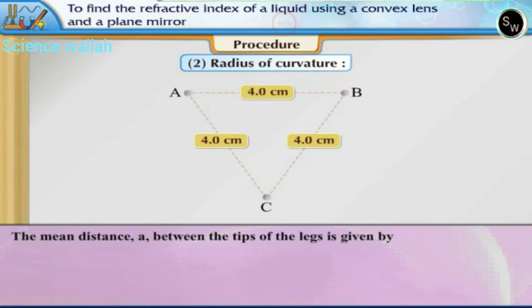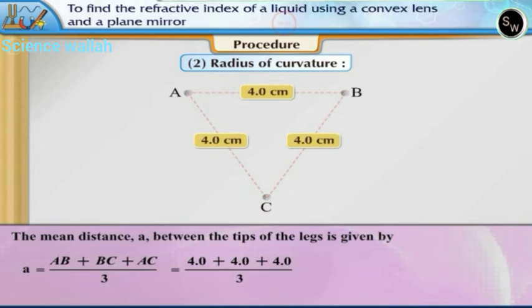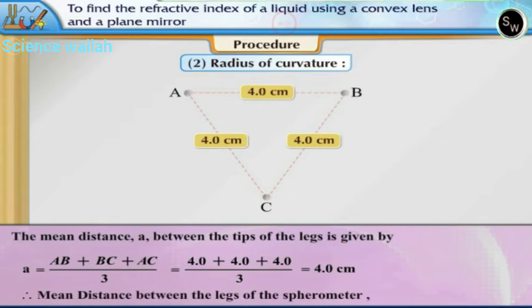The mean distance A between the tips of the legs is given by A is equal to (AB plus BC plus AC) upon 3, which is equal to (4.0 plus 4.0 plus 4.0) upon 3, which is equal to 4.0 centimeter. Therefore, mean distance between the legs of the spherometer A is equal to 4.0 centimeter.